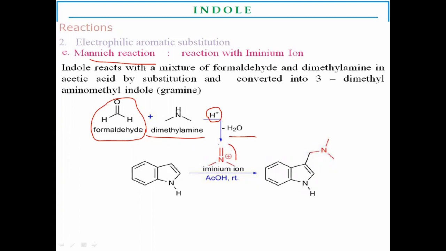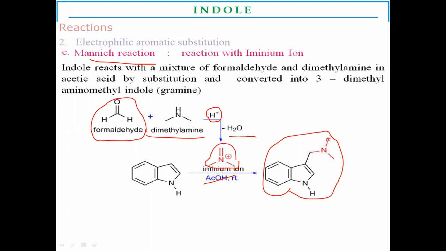These ions react with indole in the presence of acetic acid at room temperature. It forms dimethylaminomethyl-substituted indole, which is called gramine. The name of this drug is gramine.